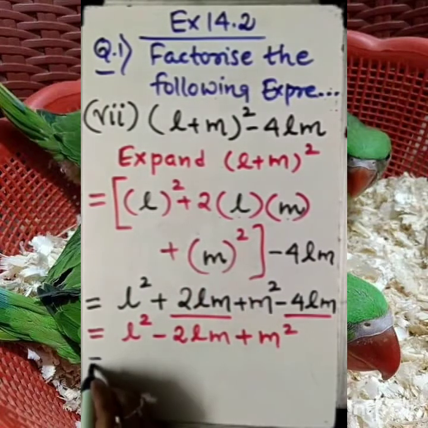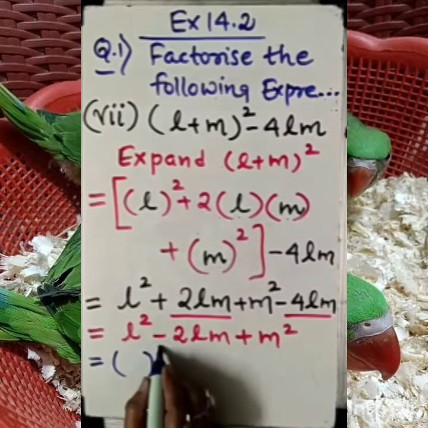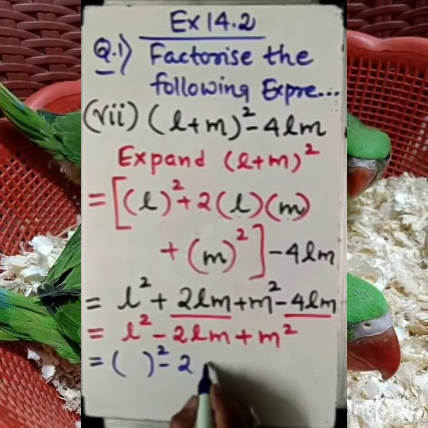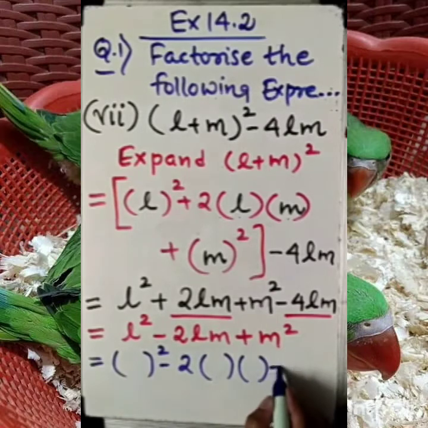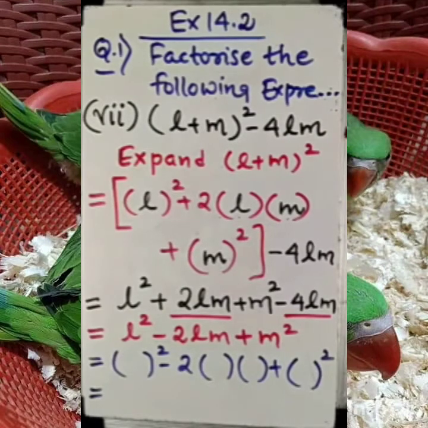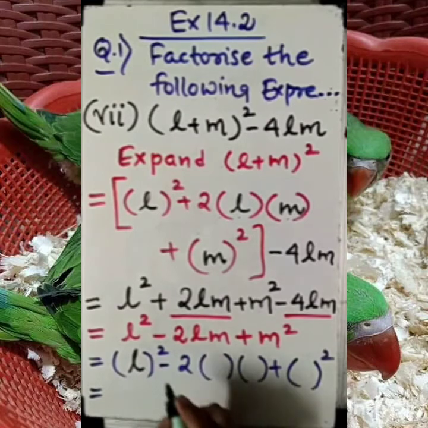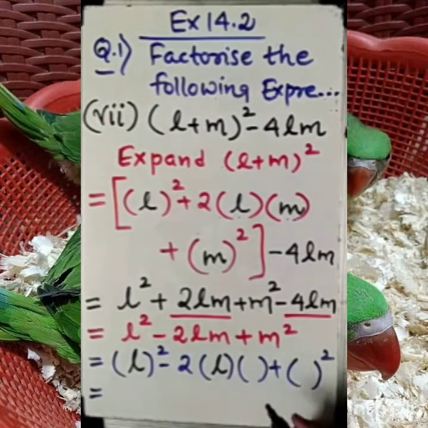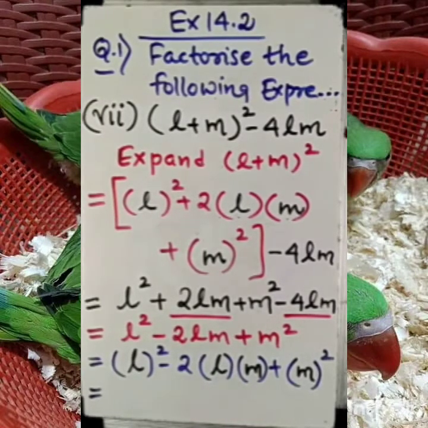The second identity says a square minus 2ab plus b square. What is a? a means the first term. What is the first term here? That is l. This is the last term, m. Here also m.